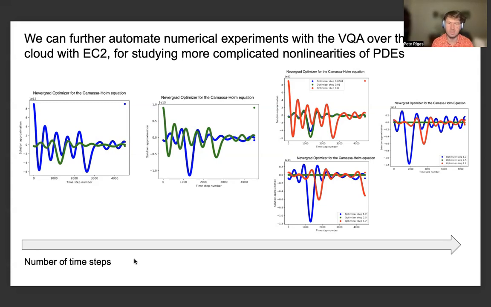And there can be many different ways in which the nonlinearities of the Camassa-Holm partial differential equation can interface with one another.